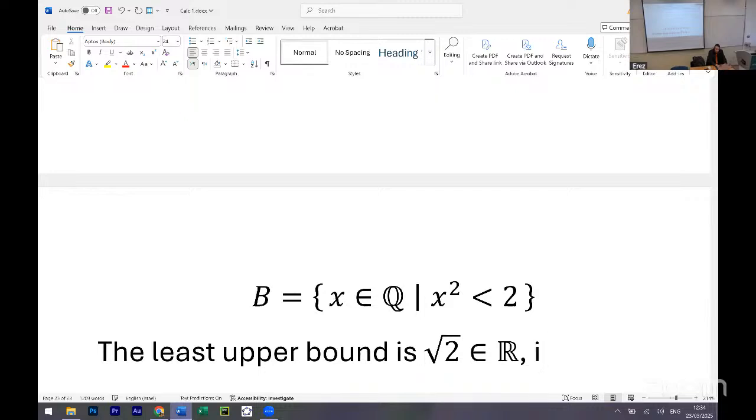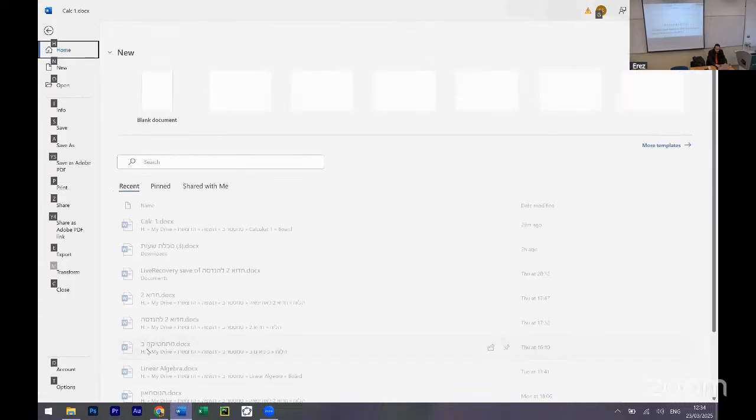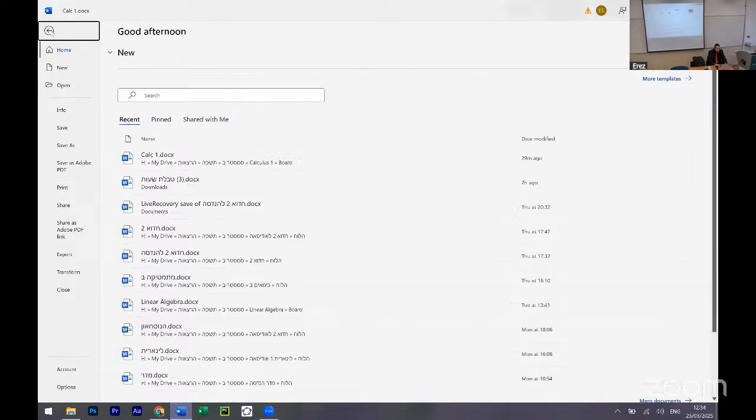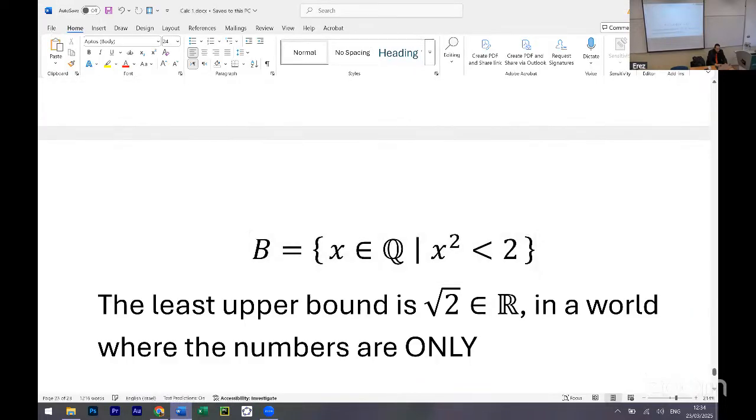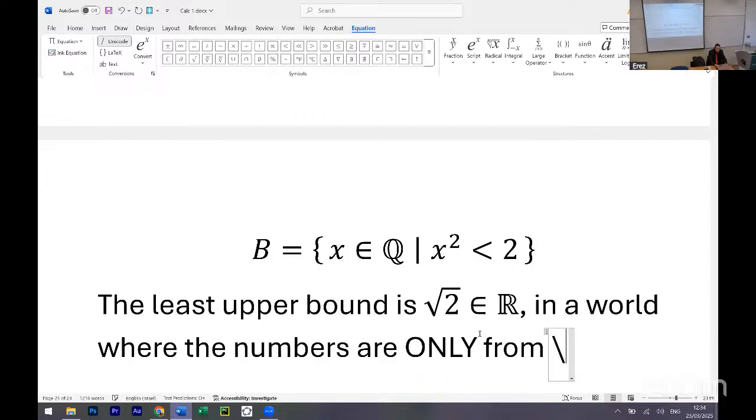If in a world where the numbers are only from the set of rational numbers, I'm saying, why do we need the real numbers here?